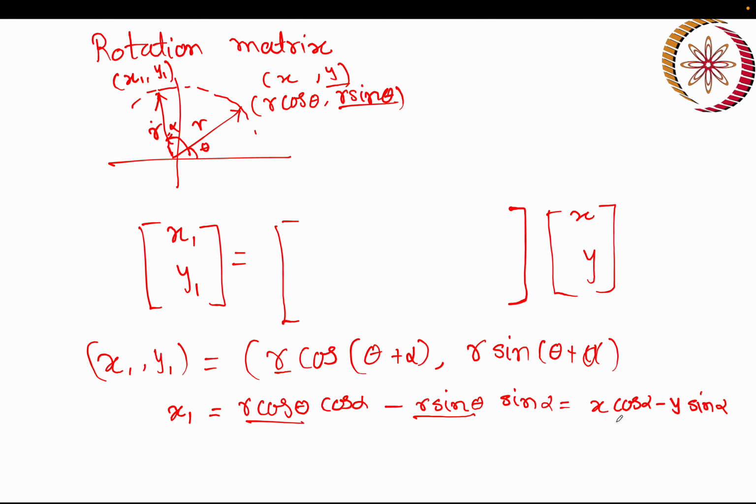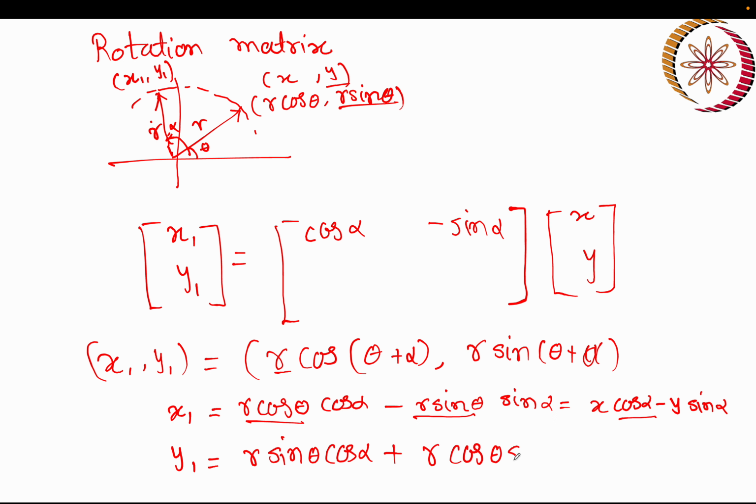Similarly, y1 is r sin theta cos alpha plus r cos theta sin alpha. r sin theta is y and r cos theta is x, so y1 is x sin alpha plus y cos alpha.